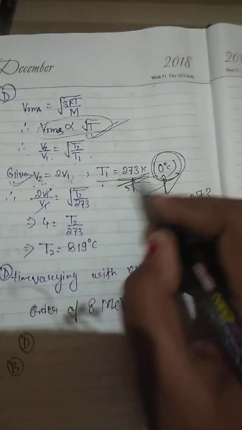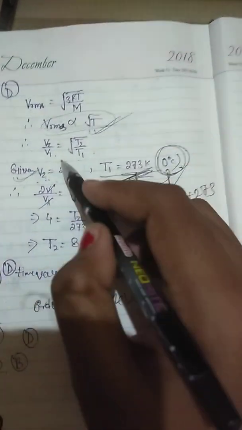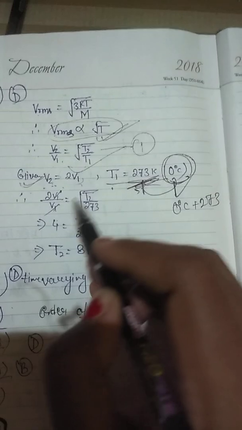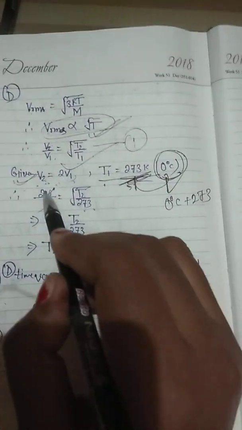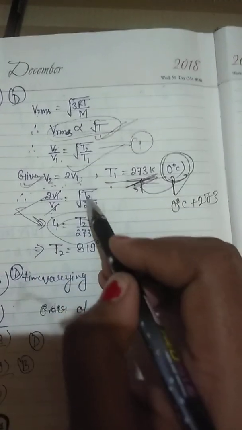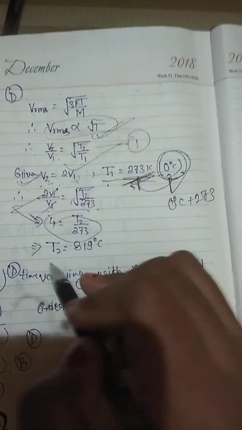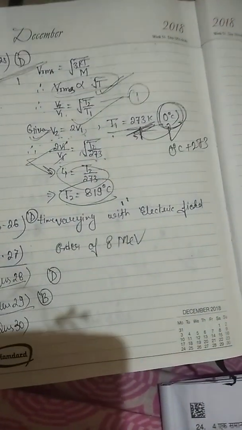Now putting all the values in this equation, 2V1 by V1 is under root T2 by 273. V1 cancels. Squaring it, the square of 2 is 4, under root cancels, T2 by 273. Finally we are getting 819 degrees Celsius. So the option for 25 will be D. Come on, come to the next question number 26.